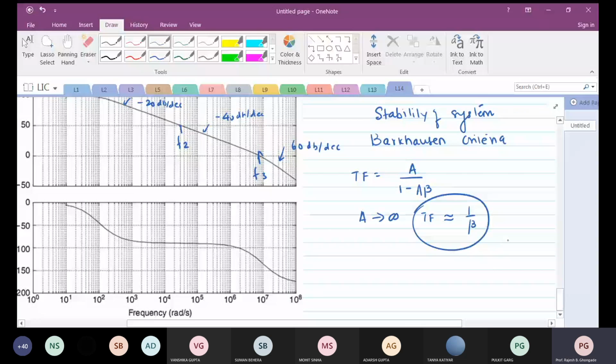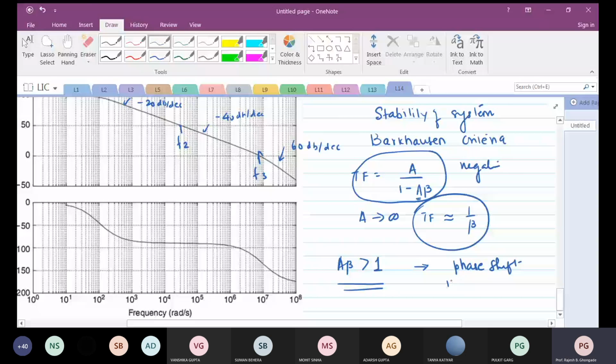Okay, so look at this equation, and we have said this about the negative feedback. But when we have a certain possibility where A into beta becomes greater than 1, this is one criterion, and the other criterion is that at the same time the phase shift is either 0 degrees or 360 degrees or a multiple of that.